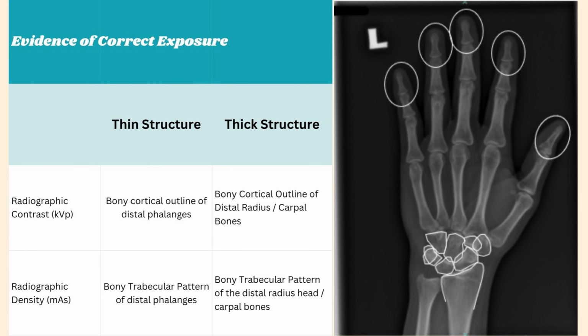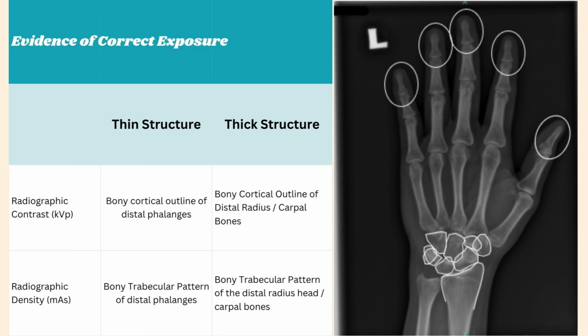As a general rule for all radiographic images, beam penetration, contrast, and density should be optimal to demonstrate the structure of interest. For the PA projection of the hand, correct exposure and beam penetration are indicated by appropriate radiographic contrast. This can be assessed by evaluating the visibility of the bony cortical outline of thin structures, such as the distal phalanges, as well as thicker structures, like the distal radius or carpals.